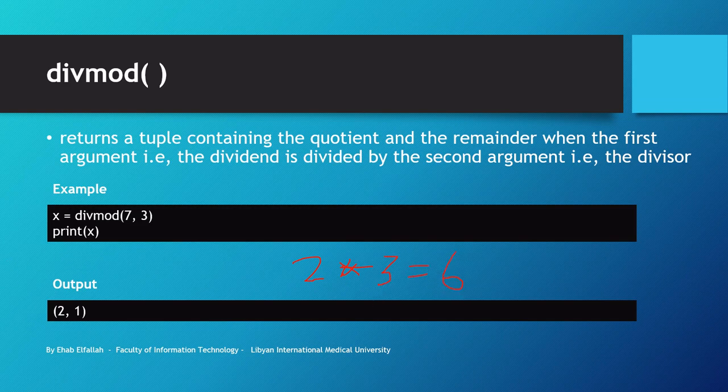So here the first number it will return is 2, and the remainder from 7 is 1. So this function will receive x and y, and it will return the integer from the division and the remainder from this division.